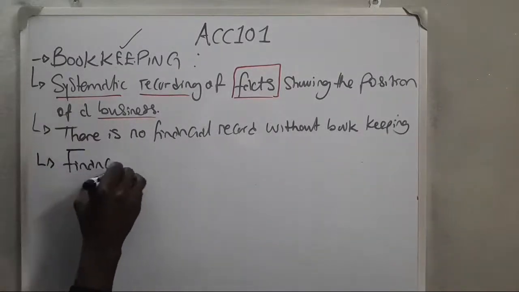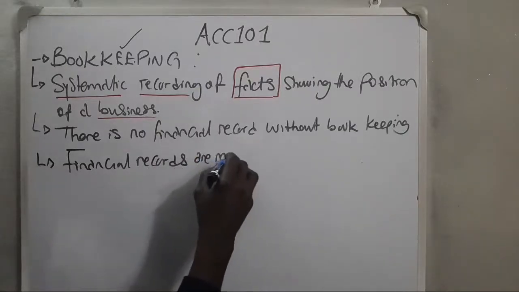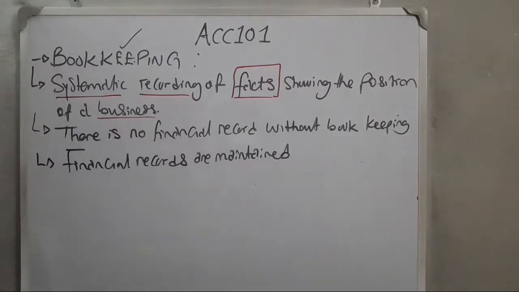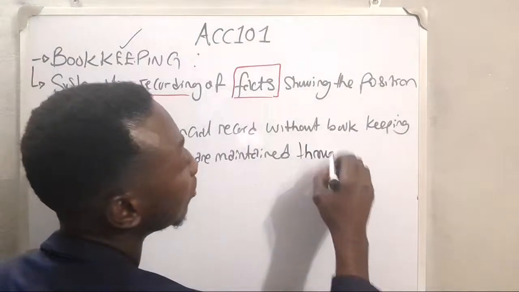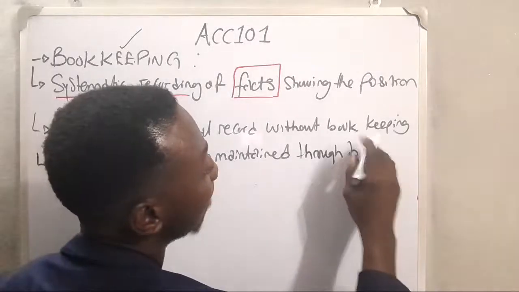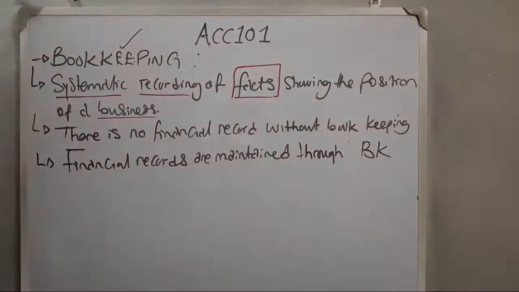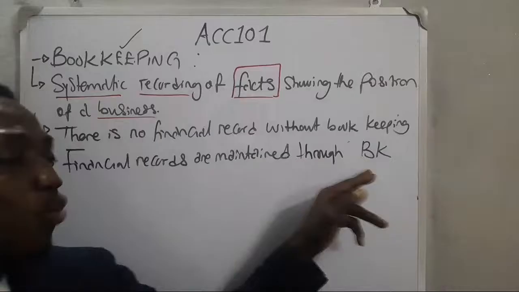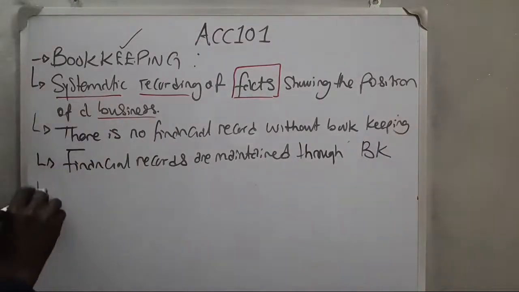Financial records are maintained through what? Bookkeeping. Permit me to use BK instead of writing bookkeeping in full. Financial records are maintained through what we call bookkeeping. Now let's take more points.